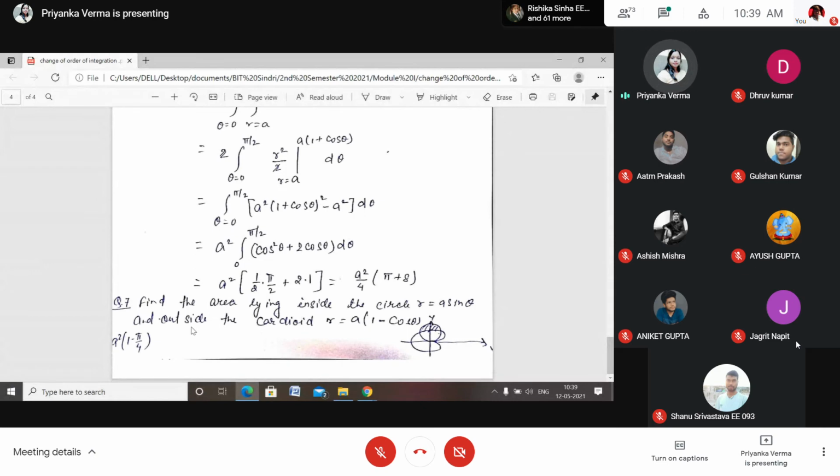Find the area lying inside the circle r equal to a sin theta and outside the cardioid r equal to a(1 minus cos theta). First of all, tell me what will be the circle r equal to a sin theta. I mean, what will be the center of this circle and what will be the radius of this circle? r equal to a sin theta.